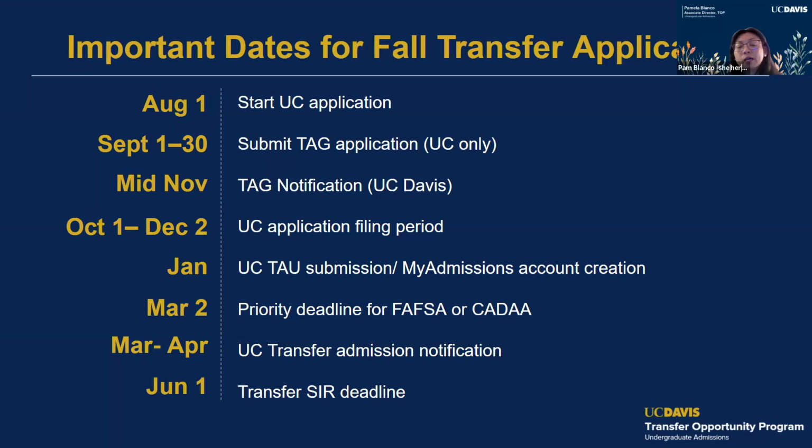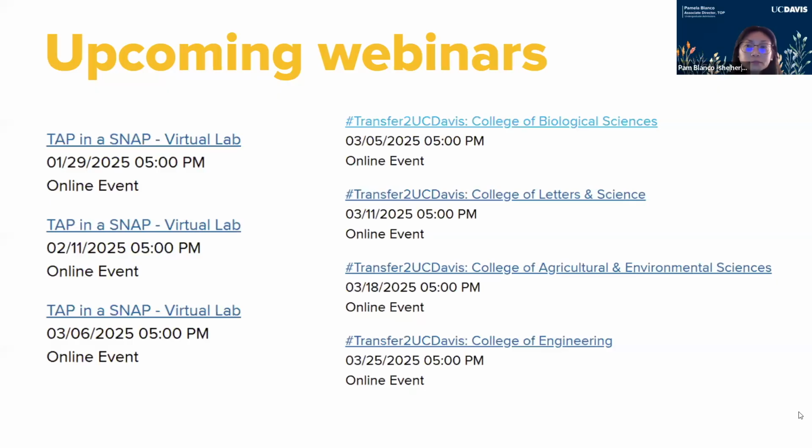And if you get admitted to more than one UC campus, then guess what? That's a really good problem to have. And you have until June 1st to make a decision on where you want to submit your statement of intent to register, or SIR for short. June 1st. All right, so that's the timeline for the application.